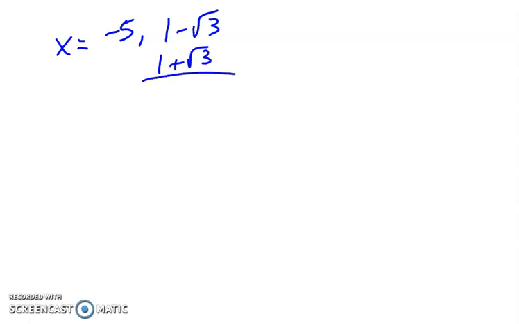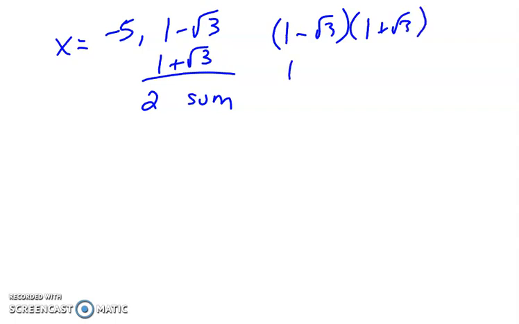So again, we add them up, 2, that's our sum. If we multiply them, that's going to be 1, middle cancels, so minus 3, which is negative 2. That's our product. So with the negative 5, our factor becomes x plus 5.